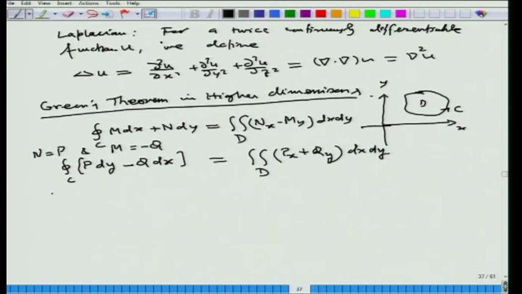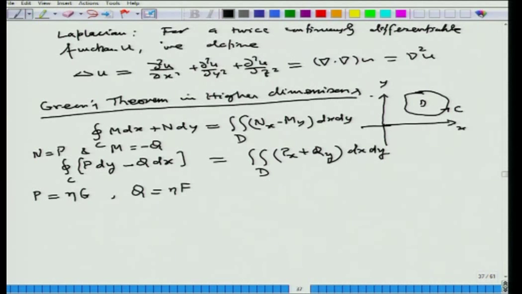This is just the same form with different choices of m and n. Now, we take p equal to eta g and q equal to eta f. Here eta, g and f are continuously differentiable functions on D, and continuous, piecewise continuous, on the boundary of D, that is on C, and C is of course assumed to be piecewise smooth. That means at each point the tangent and normal are well defined except at finitely many points.